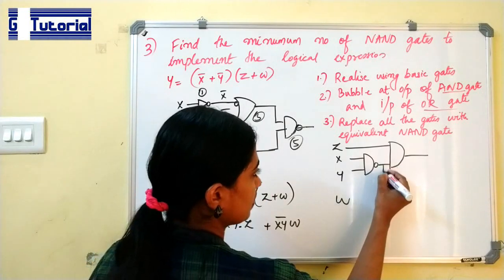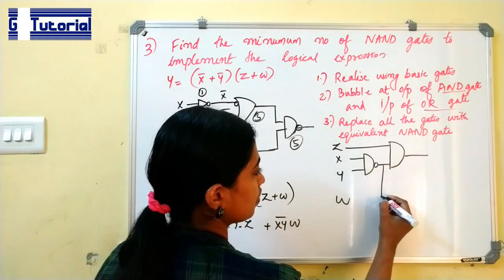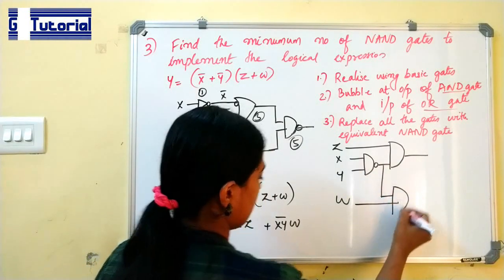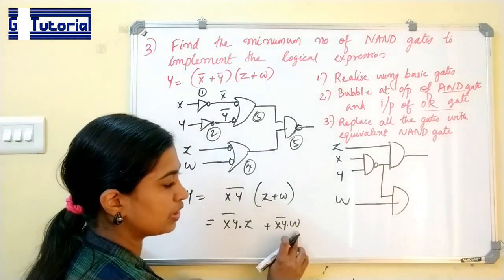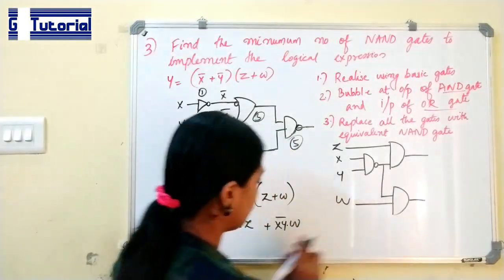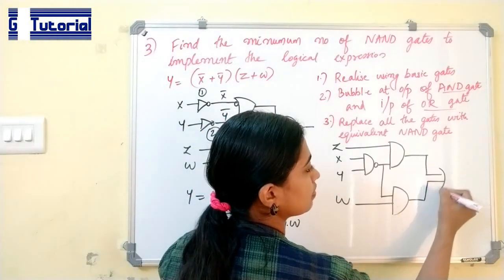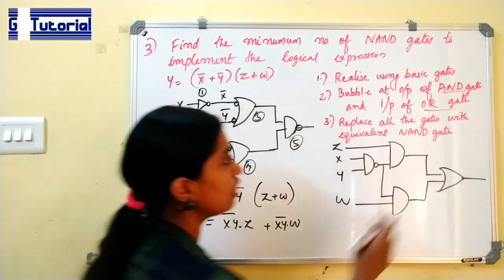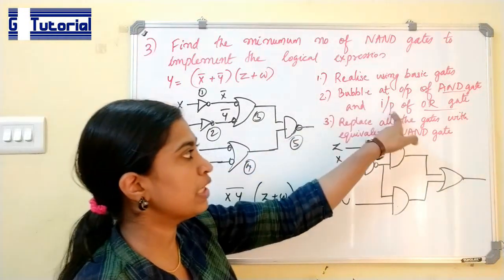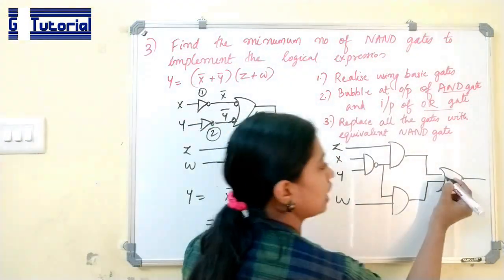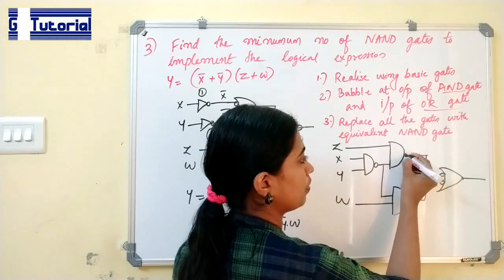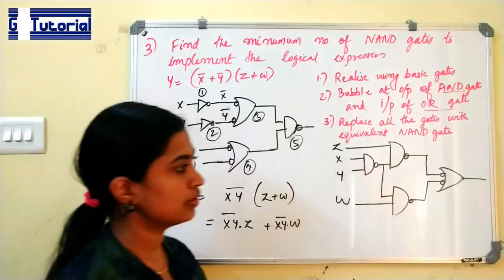Then the output of this is also fed to another AND gate. It is ANDed with W. The output of both of these is fed to an OR gate. Now we are bubbling the input of OR and output of AND.